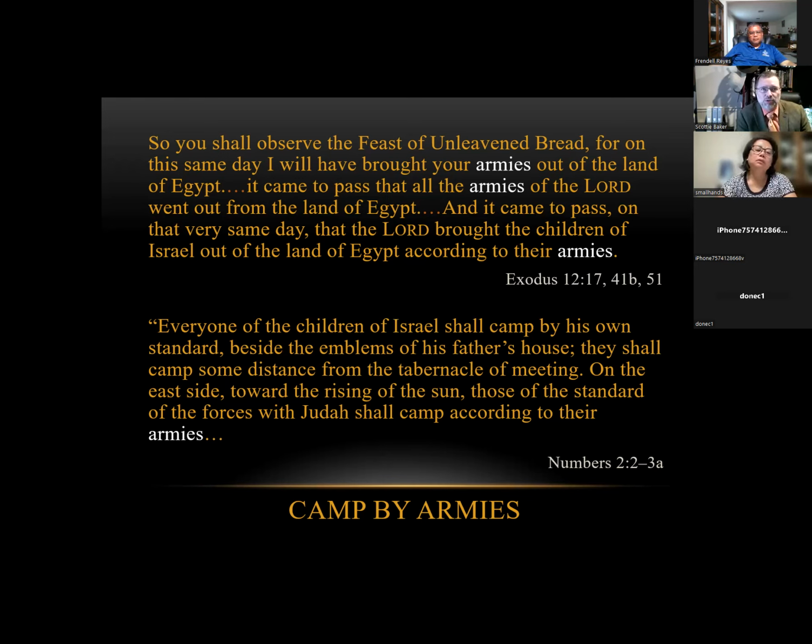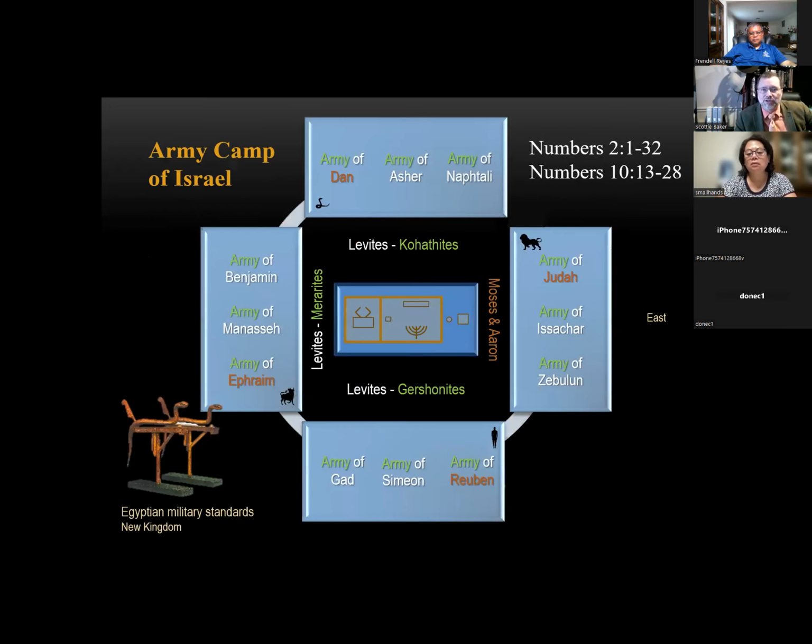On the east side toward the rising sun, those of the standard of the forces of Judah shall camp according to their armies. And then if you keep reading, it'll mention every single one of the tribes in chapter 2 of Numbers, shall camp according to their standard, their flag, not really a flag, it's a standard, according to their armies. It says armies over and over again in Numbers 2. So it really gives us an idea that they're camped according to their armies.